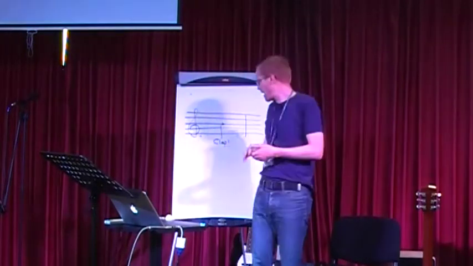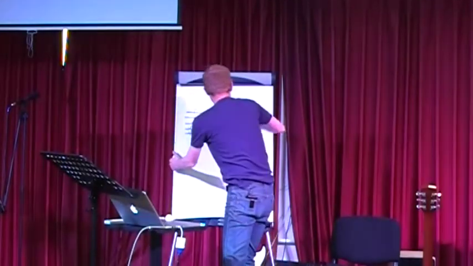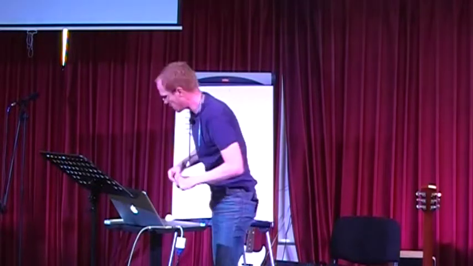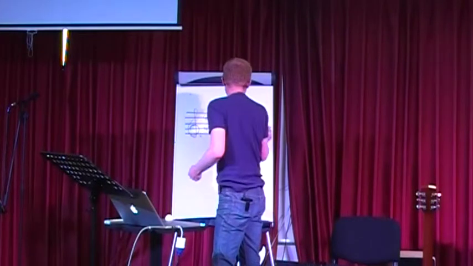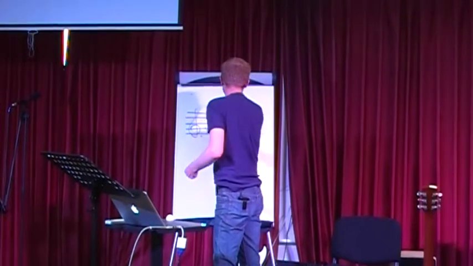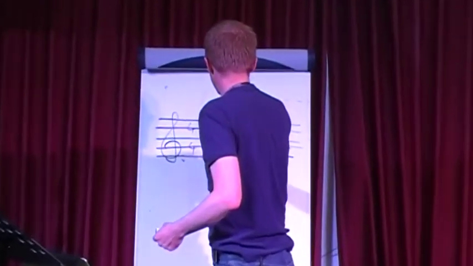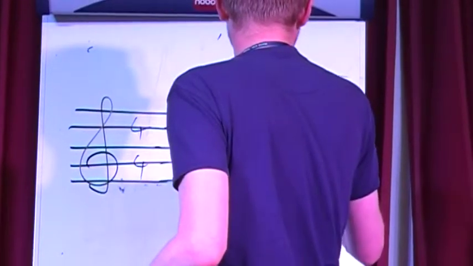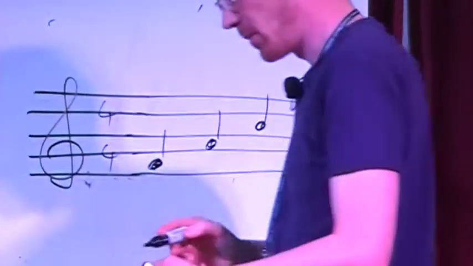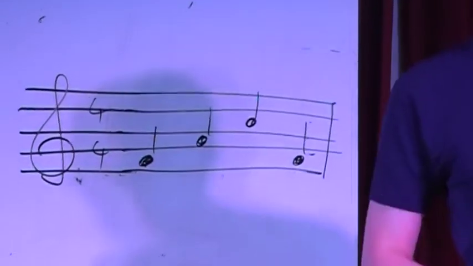So what we do when we conduct, let's say you have a piece of music which is in 4/4. So you have a 1, a 2, a 3, and a 4, and then you have the next part. Which beat would be the heaviest?